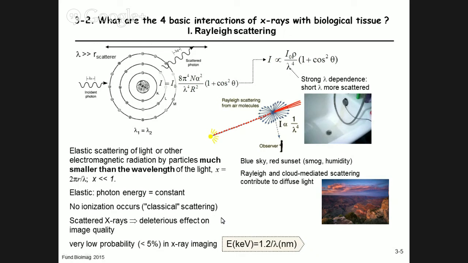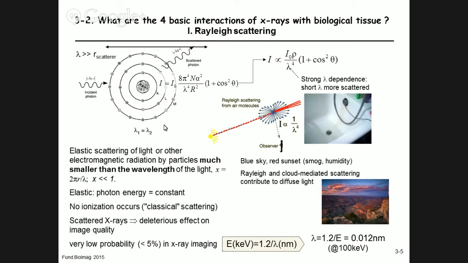And actually, from the relationship between energy and wavelength, we know the energy of the X-rays, so we can calculate the wavelength. For 100 kilo electron volt, with this expression I introduced last week, the wavelength is 0.012 nanometers. That's less than an angstrom.